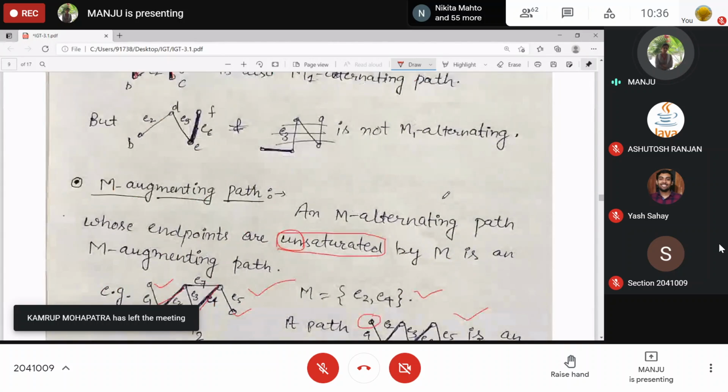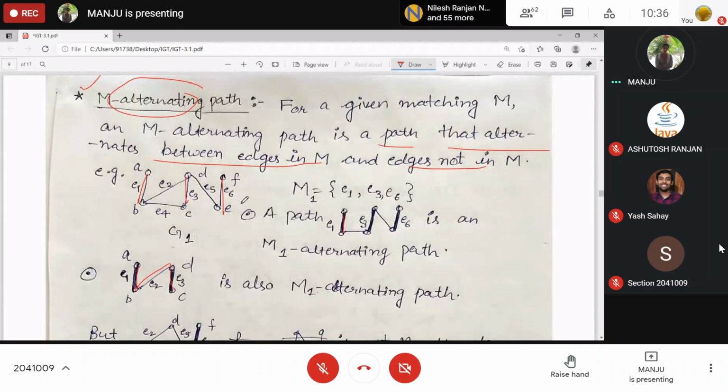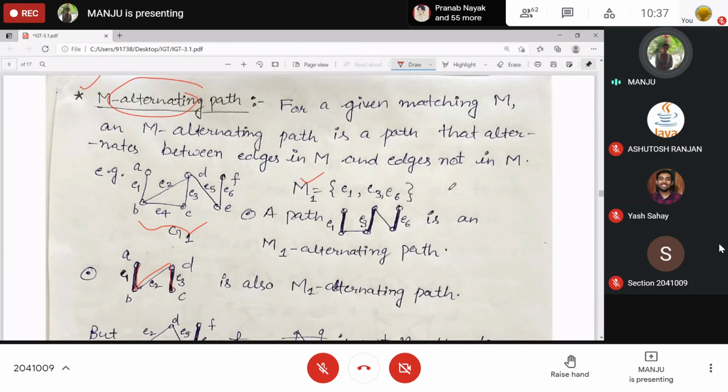Now, can you find any M alternating path in this graph that is an M augmenting path? M is given as E1, E3, E6. That path will depend on the matching.